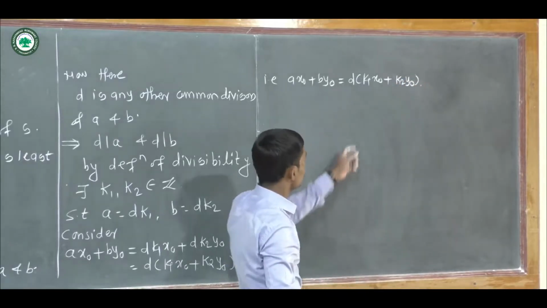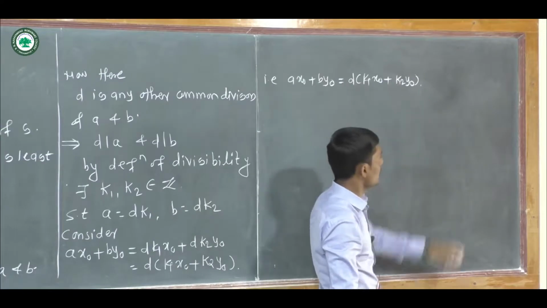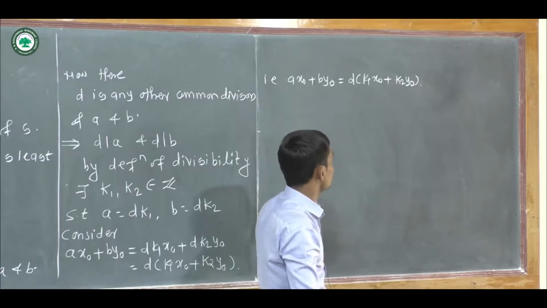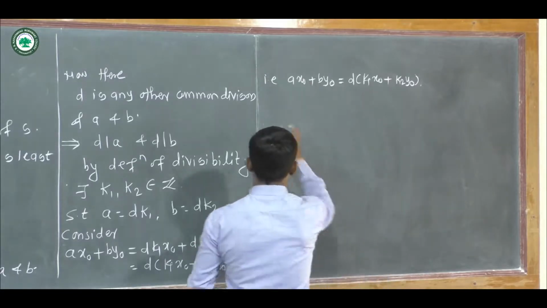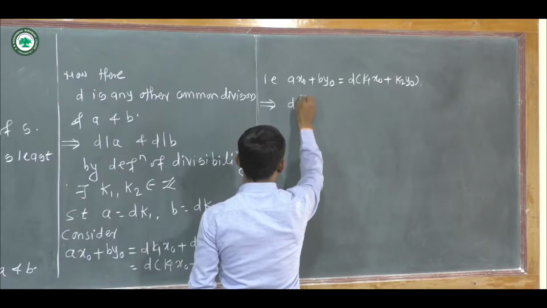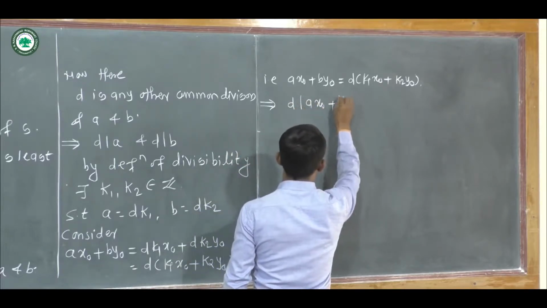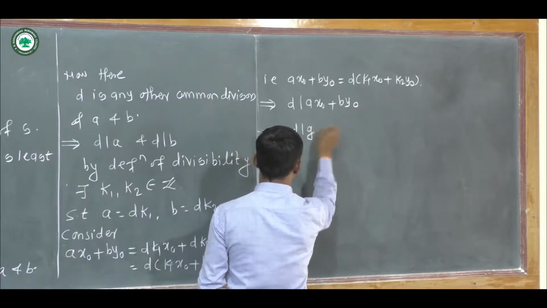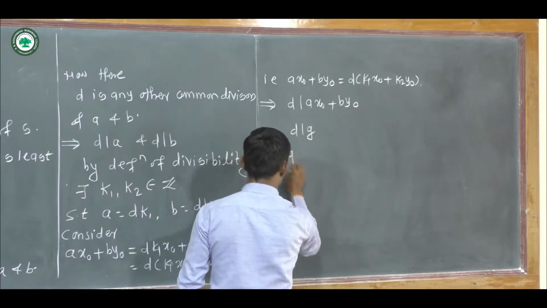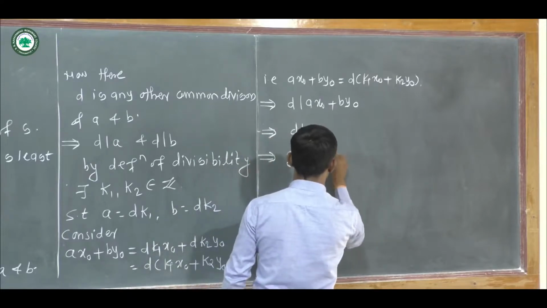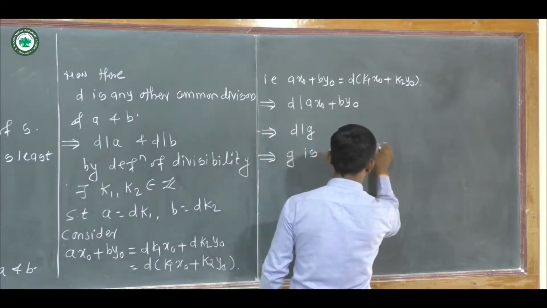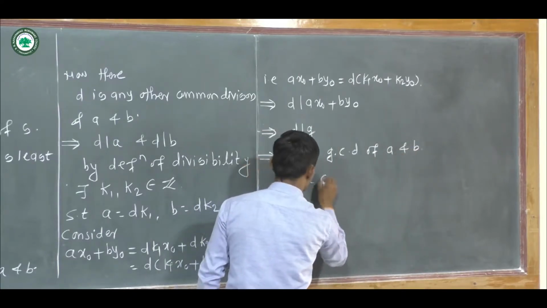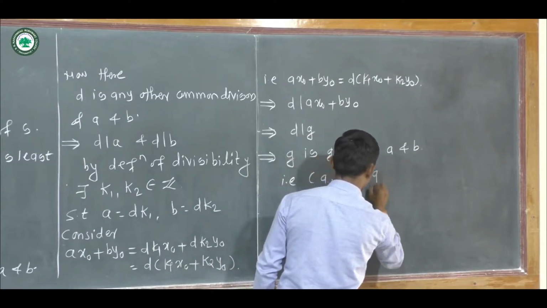Here k1, x0, k2, y0 all are integers, so k1 x0 plus k2 y0 is an integer, which implies d divides ax0 plus by0, implies d divides g. This implies g is the greatest common divisor of a and b, that is GCD of a and b is equal to g.